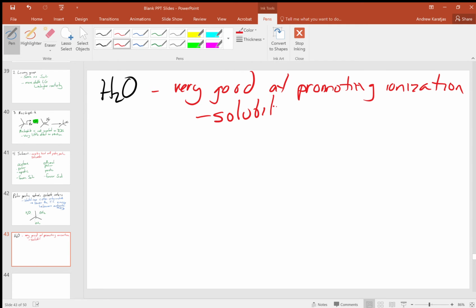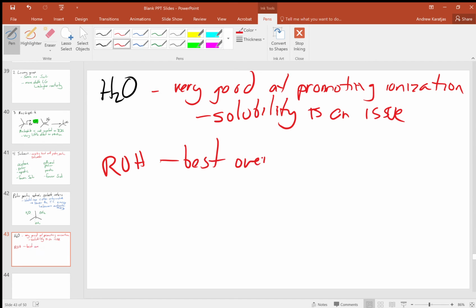Well, a lot of organic compounds are not soluble. Alcohols, while not as good as promoting ionization, they are able to do it, but they have the much more important benefit of organic compounds being soluble in many alcohols. So this is the best overall choice.